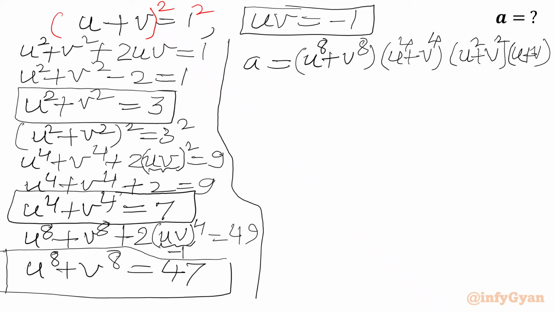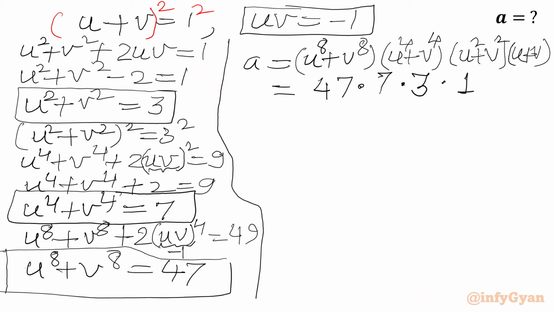Now we have all the values here. u^8 + v^8 is 47, times u^4 + v^4 which is 7, times u^2 + v^2 which is 3, times u plus v which is 1.